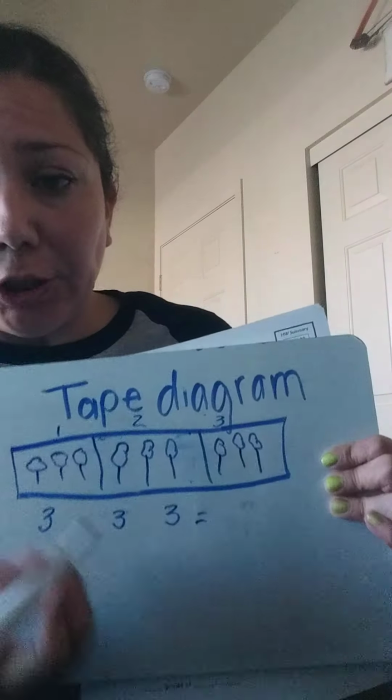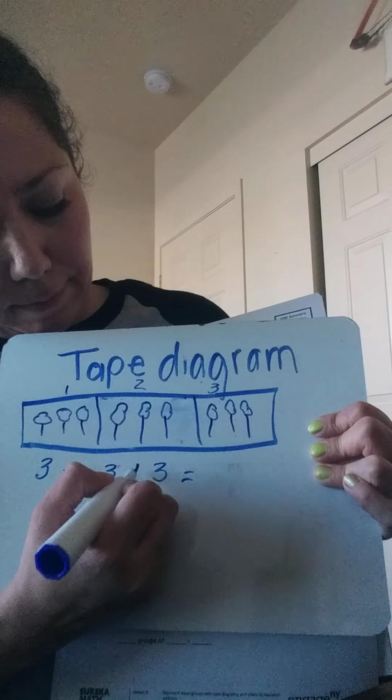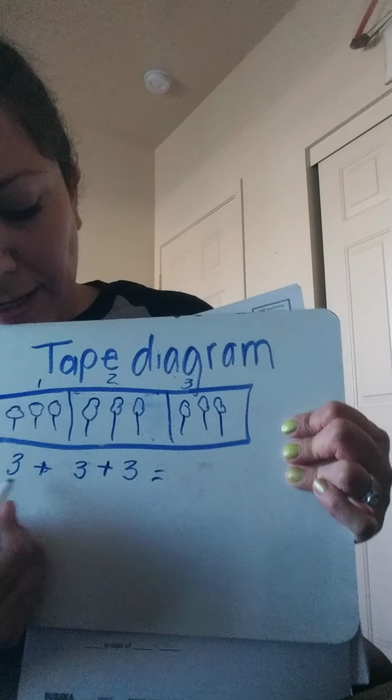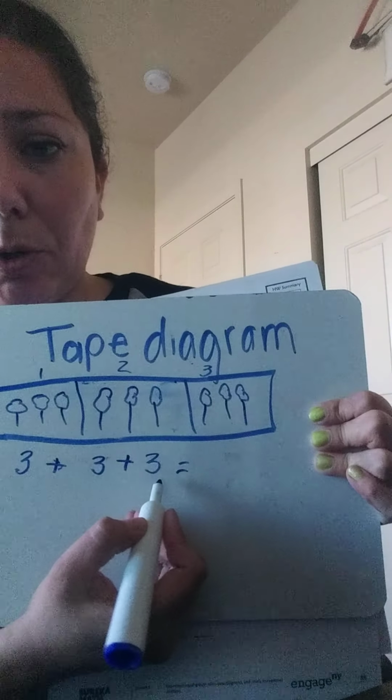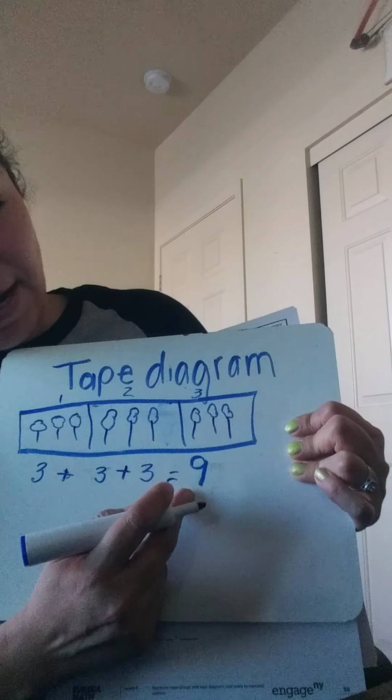And because this is addition, we're gonna add them together. So 3 plus 3 plus 3 equals 9.